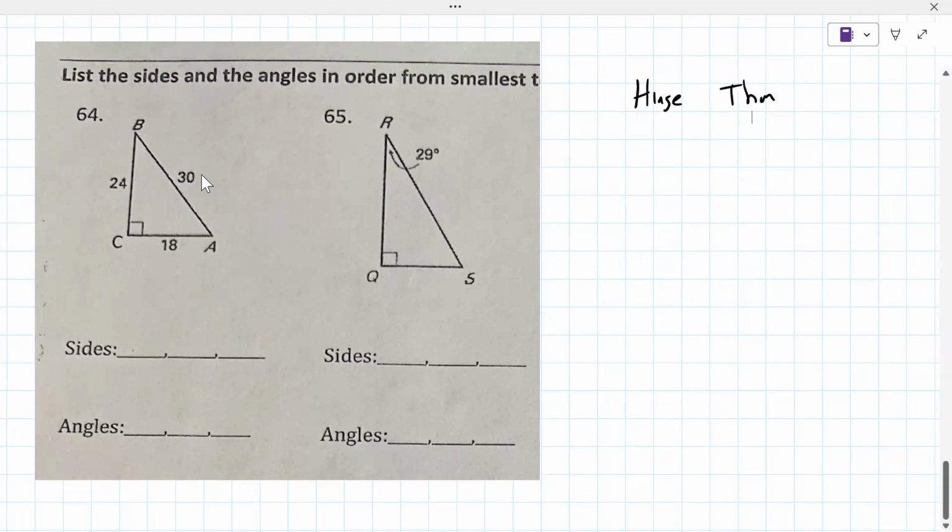So in this problem, the largest side is BA. So they went smallest to largest. So that's BA. The smallest is CA. Okay. That's BC is the middle one.